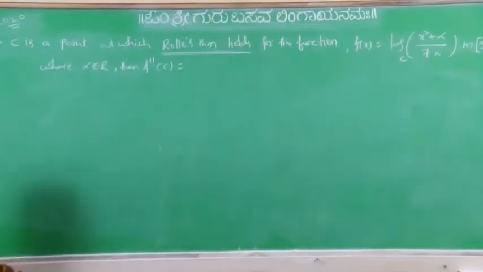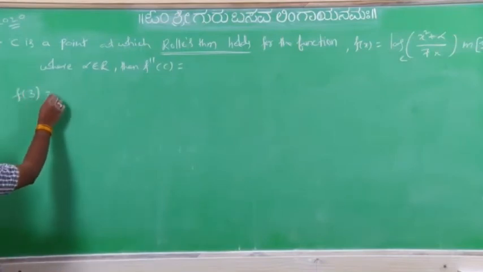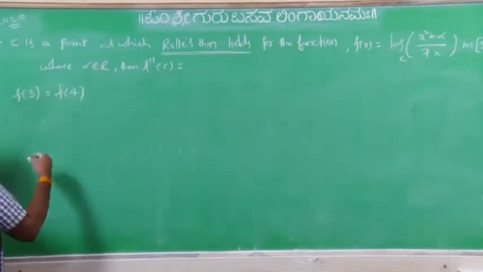Now f is continuous and differentiable, right? The first condition is f of 3 equal to f of 4.